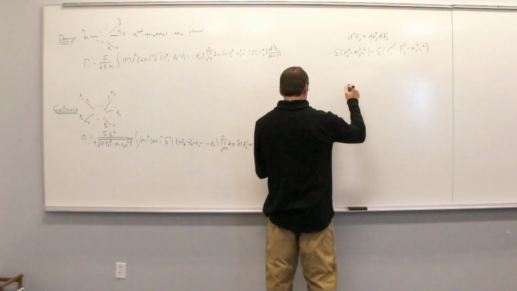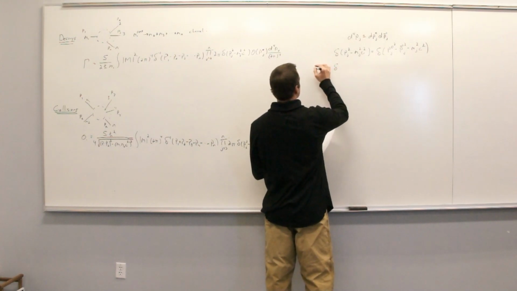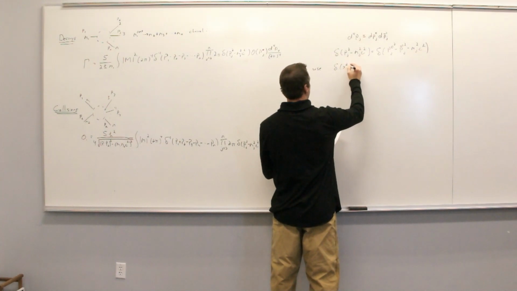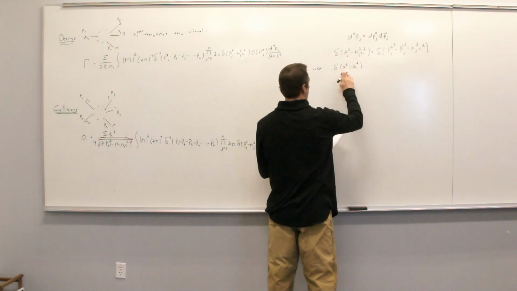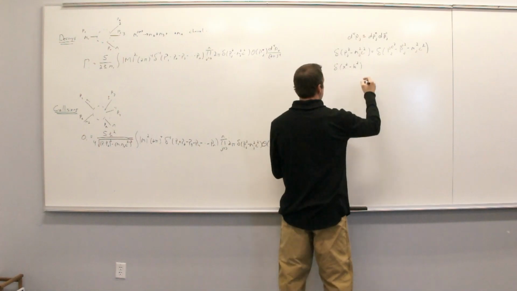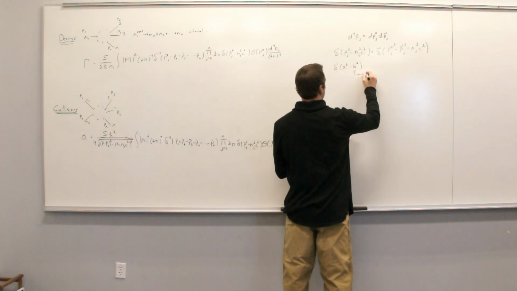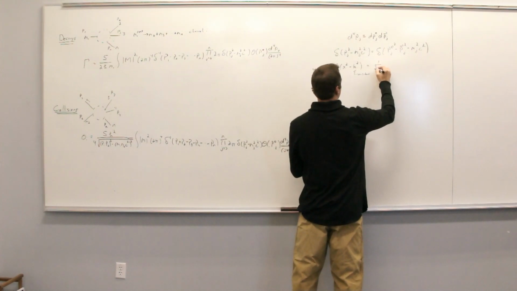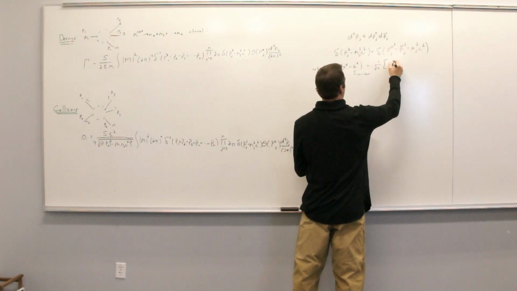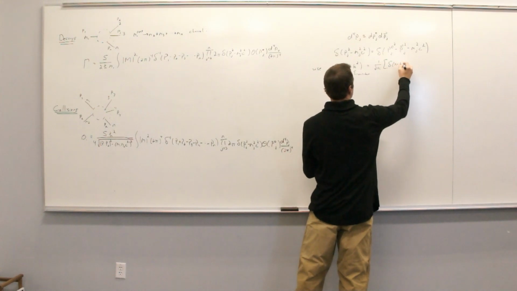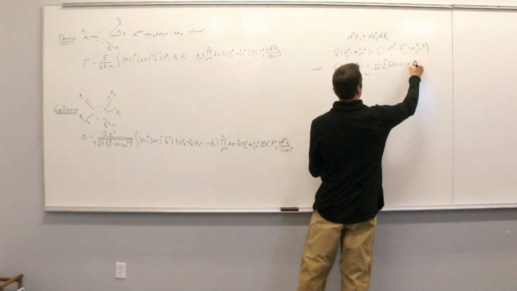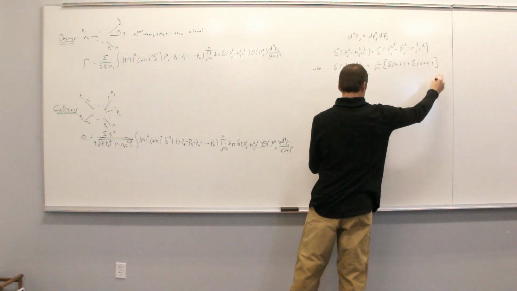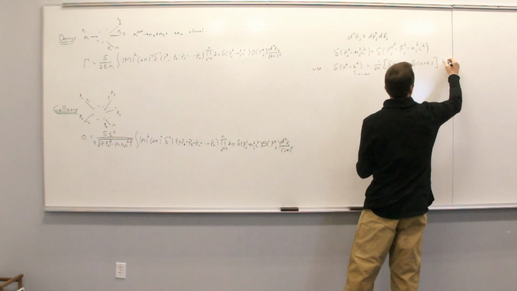And now we can use a little trick. If we have delta of x squared minus k squared, where x is a variable and k is a constant, then we can also write this as 1 over 2k times the quantity delta of x minus k plus delta of x plus k, for k greater than 0.